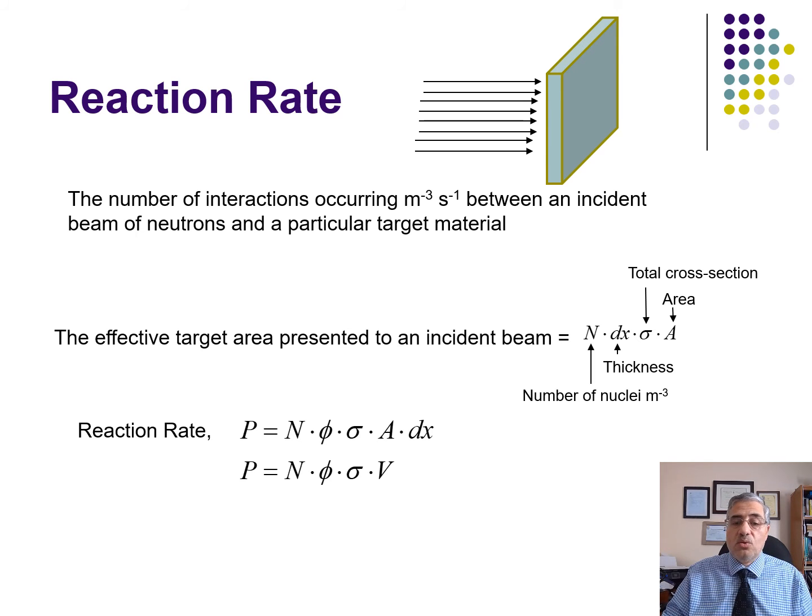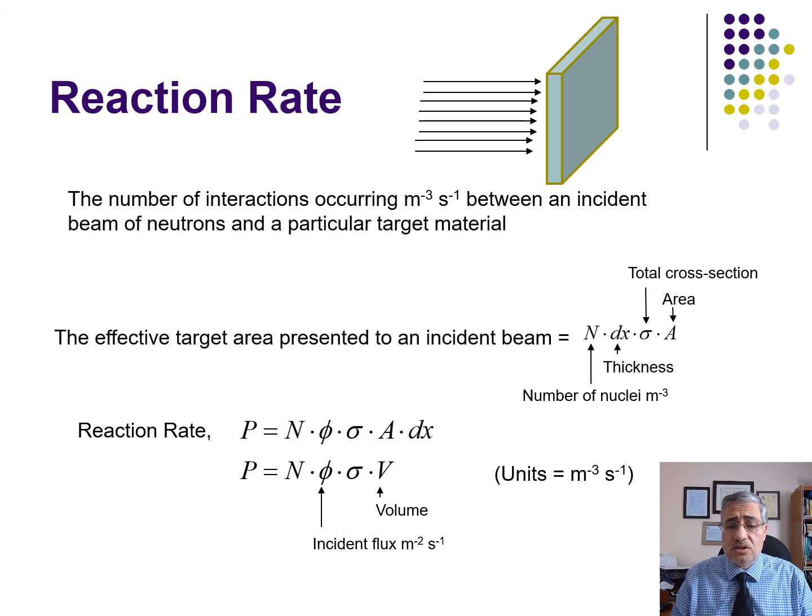So that gives you the sense of the reaction rate. Anybody can deduce the units from the unit balance. Therefore the reaction rate is a number of reactions per meter cube, or per unit volume, per second, because a rate should be per second, and it should be controlled per unit volume.